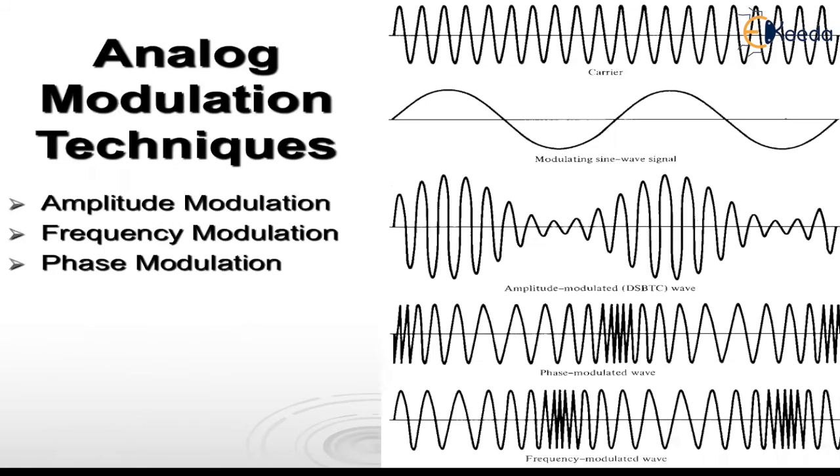Then analog modulation techniques: amplitude modulation, frequency modulation, and phase modulation, which are shown in the figure. Amplitude modulation, AM, is the simplest modulation technique. It involves the multiplication of the input signal by the carrier fc. The spectrum consists of the original carrier plus the spectrum of the input signal translated to fc.